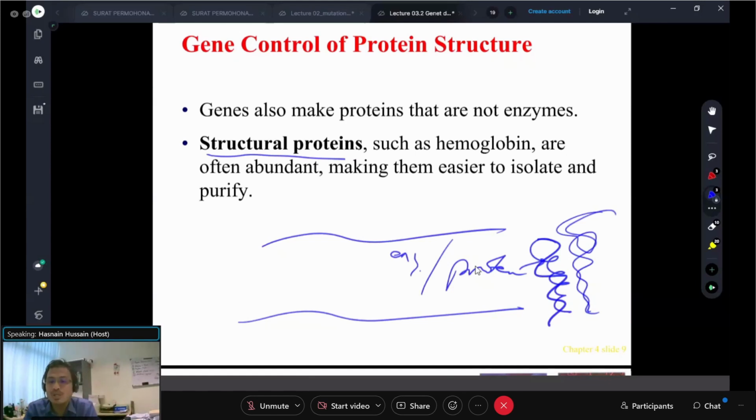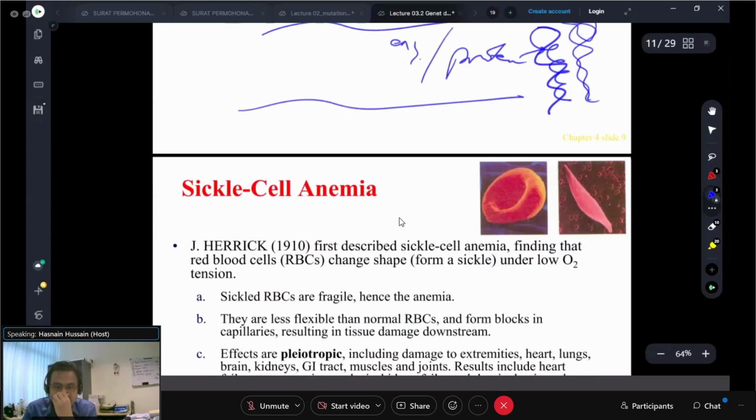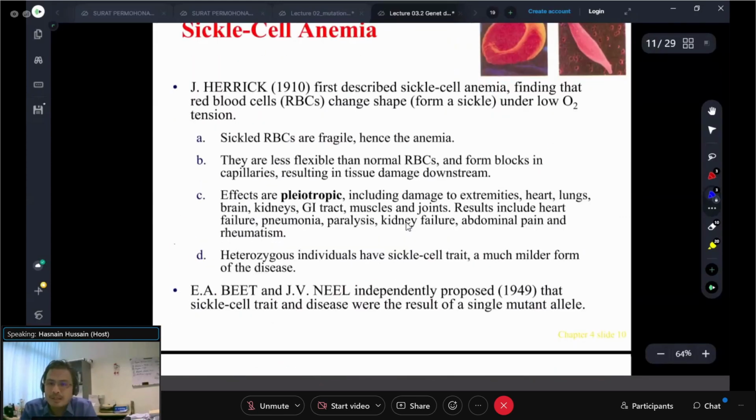So that can also happen. It is not that the gene doesn't produce the enzyme, but it produces a protein, and because it is a defective protein structure, it cannot function normally. So that is one example: a defective gene causes a defective protein, in addition to a defective gene producing a defective enzyme.